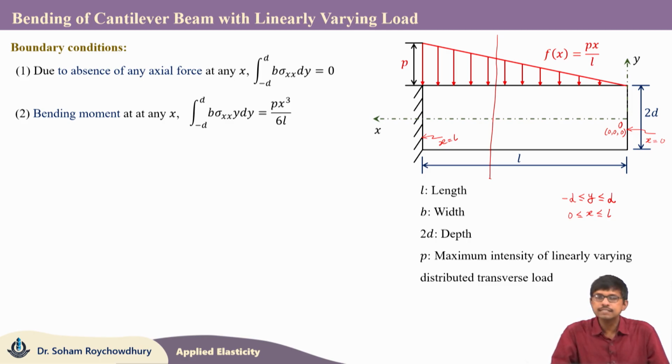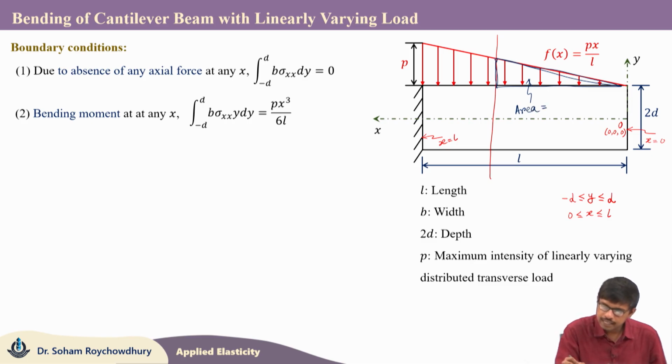Now, the right hand side is the expression of bending moment due to this linearly varying load intensity Fx. That is obtained as P x cube by 6L. So, how can that be obtained? If you are considering this particular section, the total load acting within that span is this much triangular load. So, what is the total area within this?